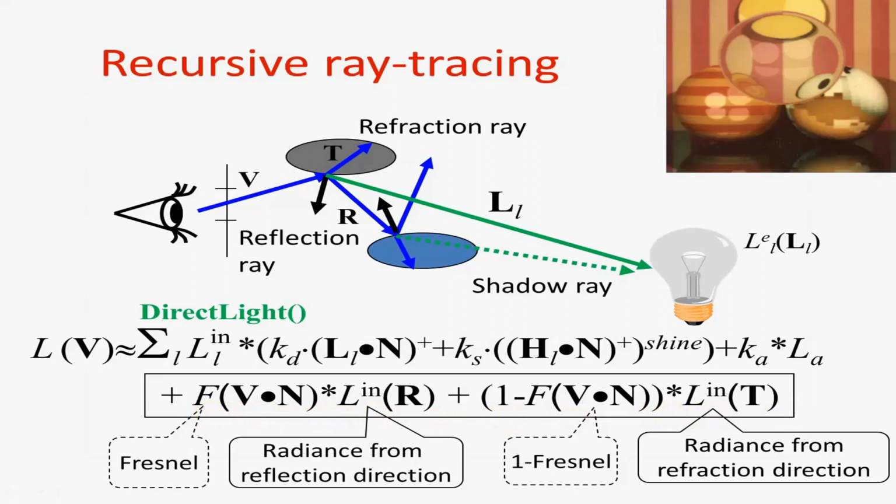This equation expresses the radiance of a surface point in a given direction as the function of the direct light sources and the radiance coming from the ideal reflection and refraction directions. The question is how these new terms can be obtained.